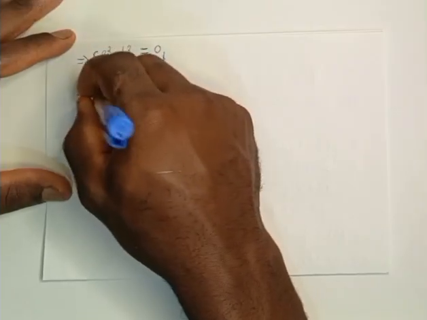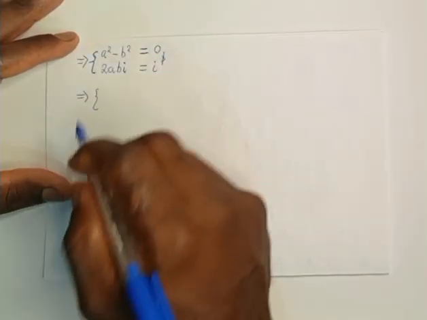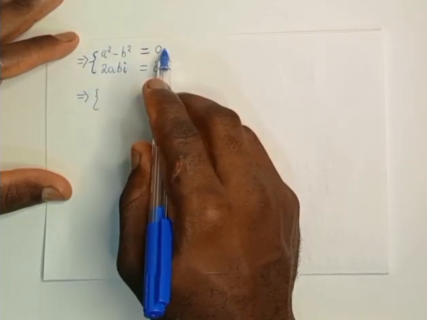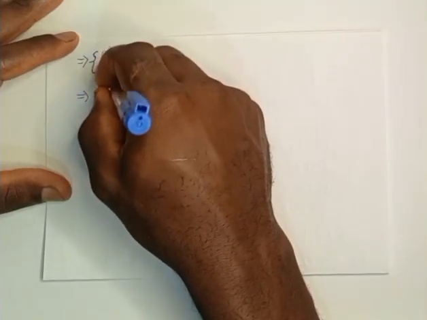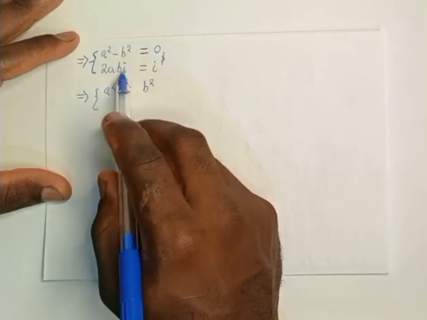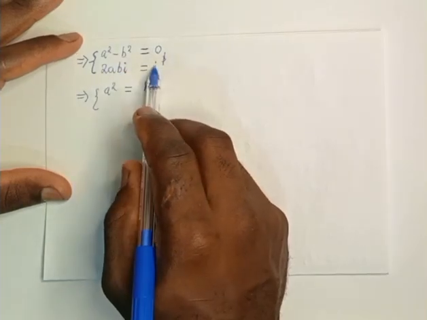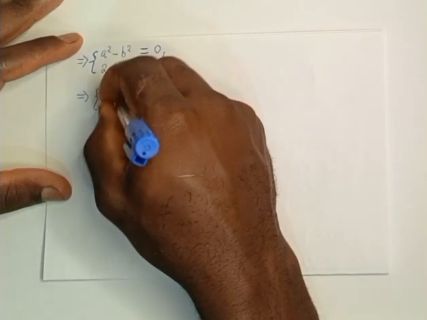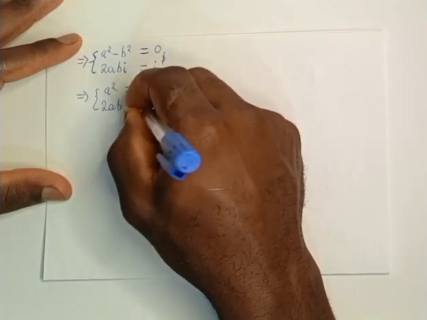Then if we transfer b squared to the right hand side, negative b squared becomes positive. a squared will be equal to b squared, and dividing both sides by i here gives us 2ab equal to 1.